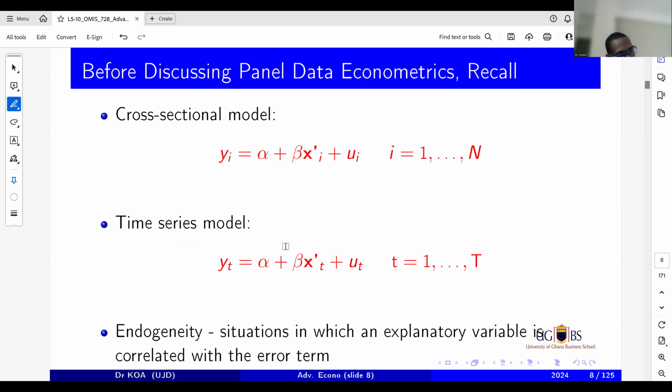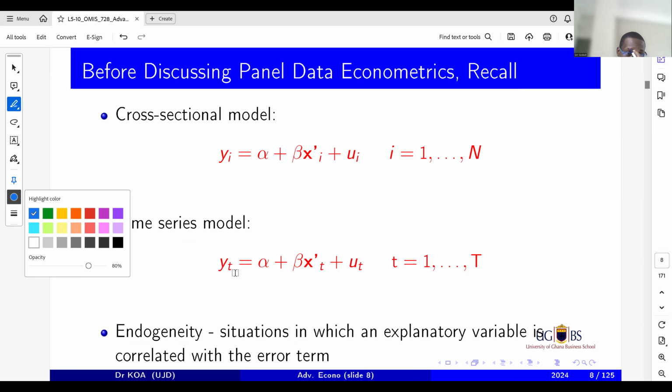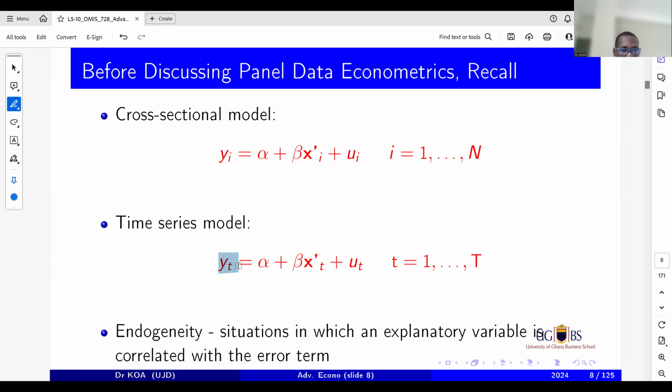Now, there could be other ways of endogeneity, like I said. For example, when you have a dynamic model where you are taking the lag of this dynamic model. So if you have this dynamic model, you decide to now take the lag of it. If you take the lag of this dynamic model and include it here in the independent section, that past data of y, which is y_t minus 1, can affect y.